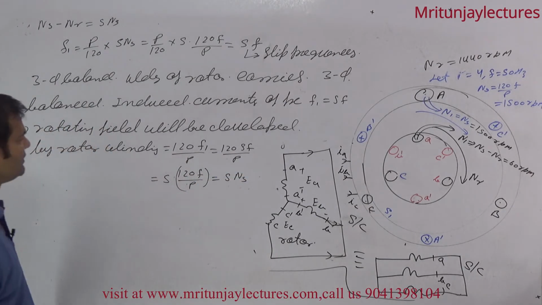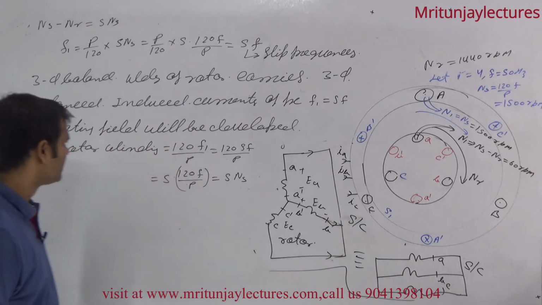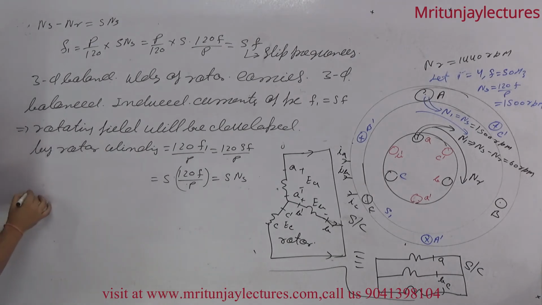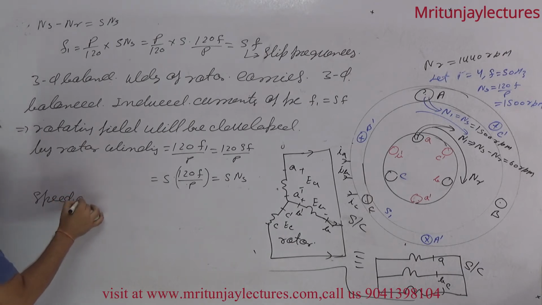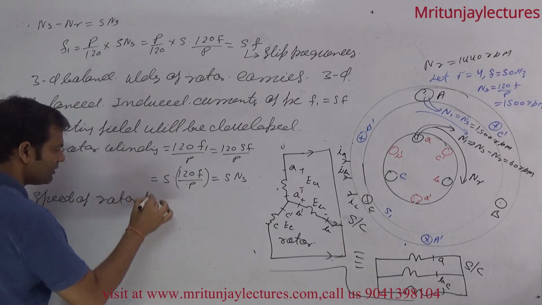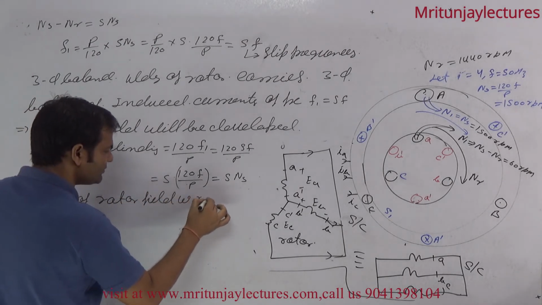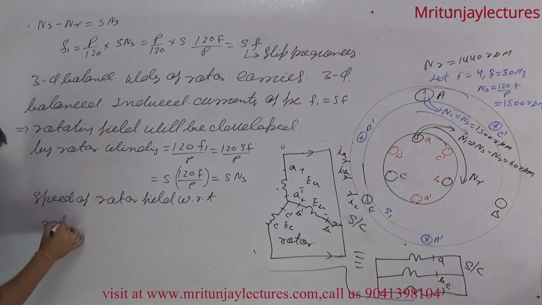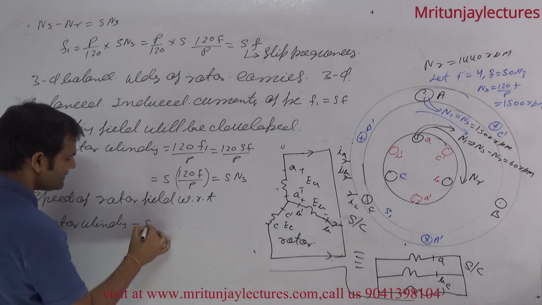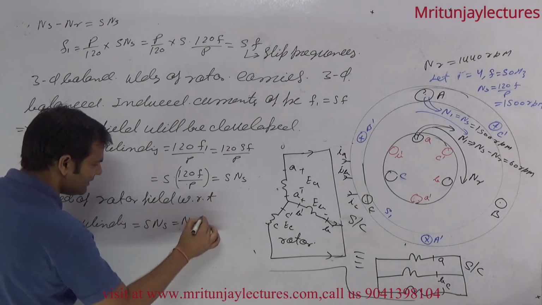It means this expression is also written as the speed of the rotor field with respect to the rotor winding, that is SNS. You can say that is NS minus NR. Clear?